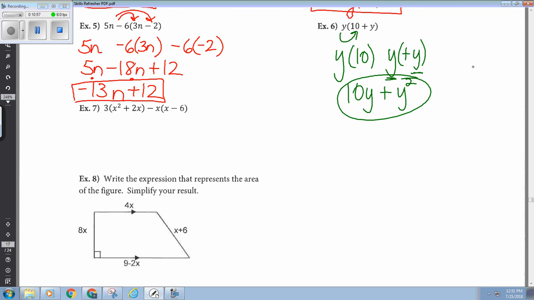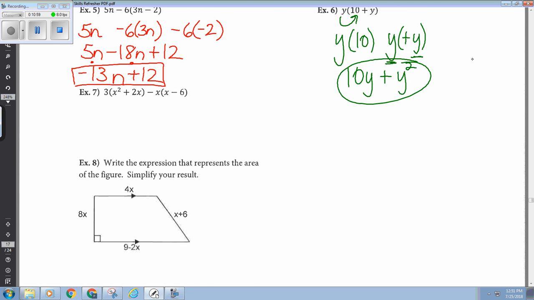Let's try another one of that type, and then we'll apply it again. Example 7, you have 3 parentheses x squared plus 2x minus x parentheses x minus 6. So we're going to distribute twice. 2 things in front, distribute.